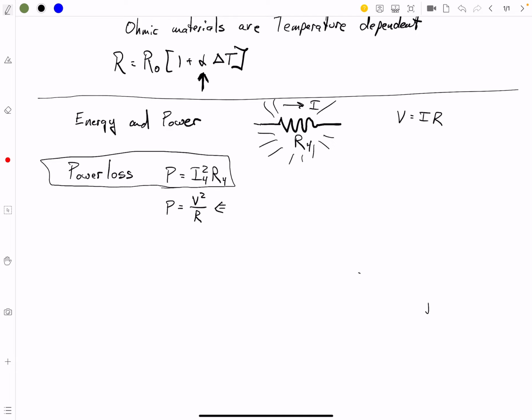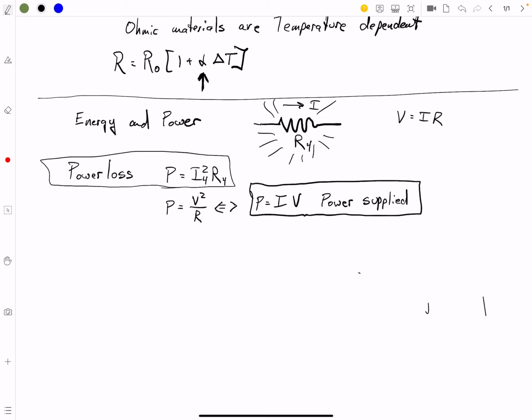And we also have then power equals our current times our voltage. Now, this one is more like power supplied. Okay?